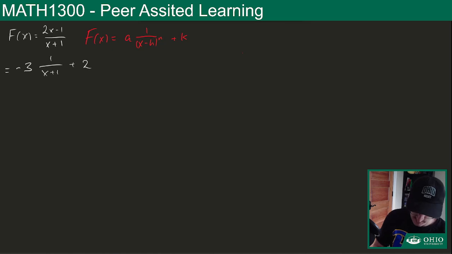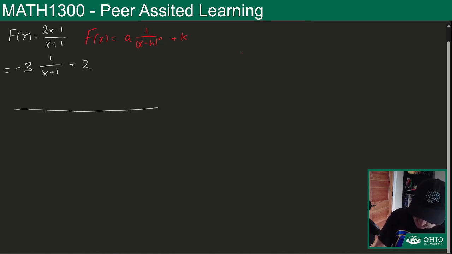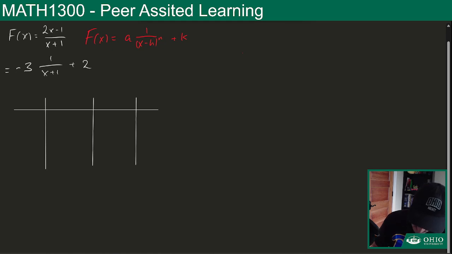Now we can make our table, right? So give me a second to draw this out. Okay. And now I can choose my sample points. So these are my points.